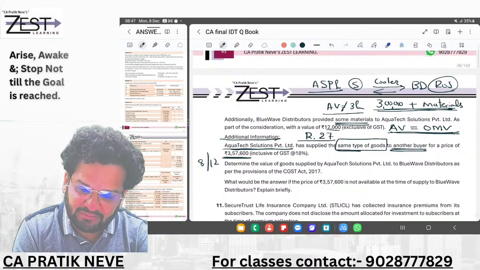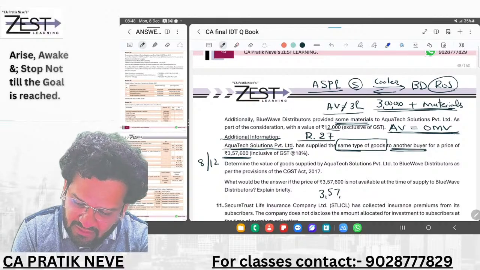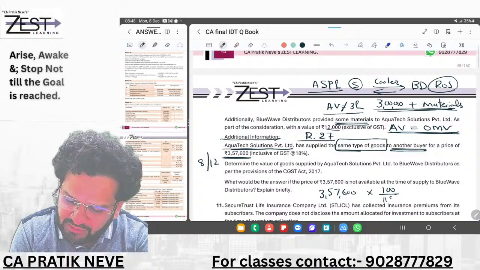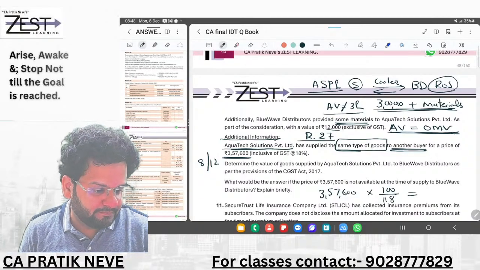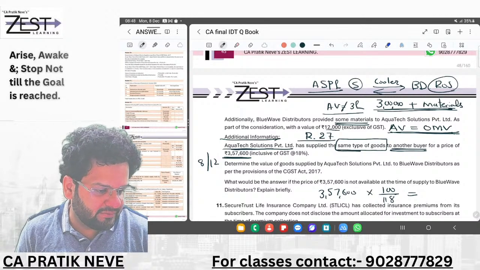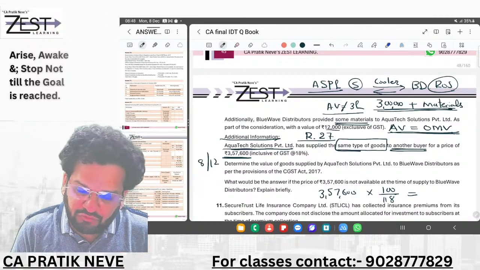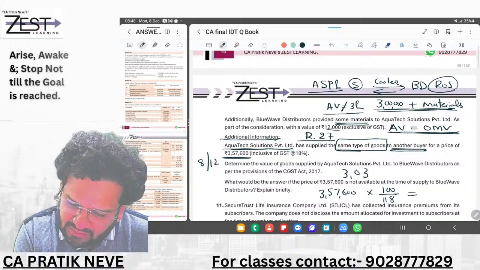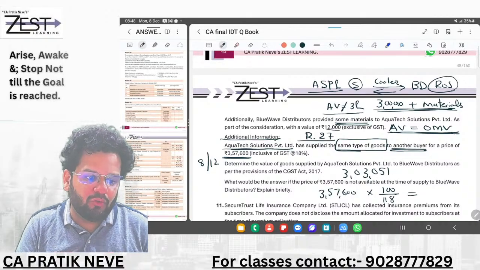So friends, 357,600 into 100 upon 118 is the open market value. So it is 3,03,051. So assessable value will be 3,03,051. Because what is the meaning of open market value?